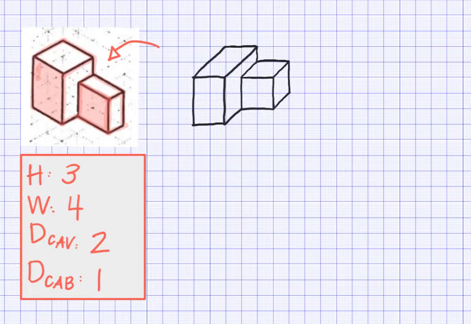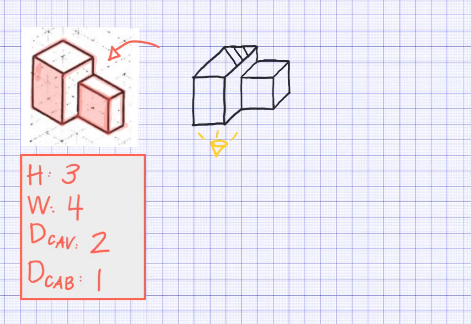Now, if we were to add tonal shading, let's say my light was coming from the front, that means my hatching would follow the exact same principles as with my isometrics. My front faces are the ones that are shaded in red. Those are going to be left white.